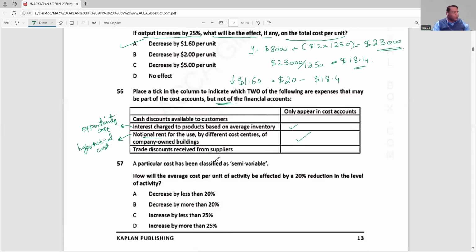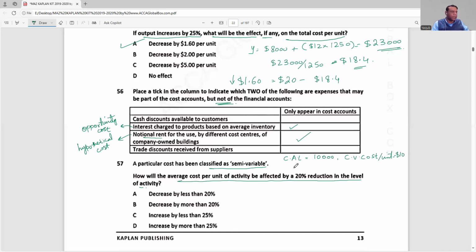A particular cost is classified as semi-variable. How will the average cost per unit of the activity be affected by a 20% reduction in the level of activity? So there are four choices. First, he's saying that it is a semi-variable cost. Let's say current activity level is 10,000. Current variable cost per unit is $10.